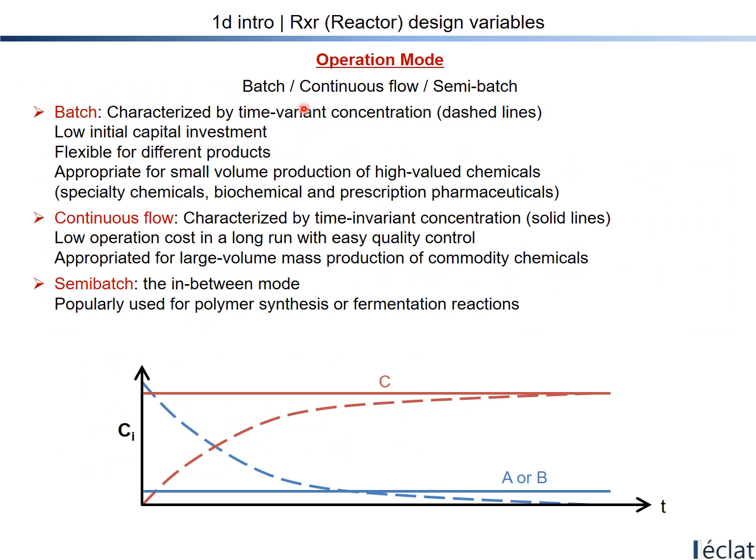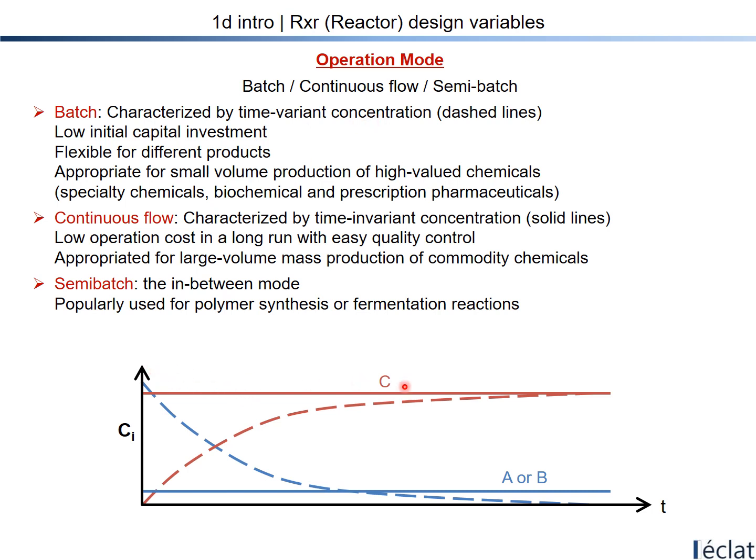We are still on reactor design variables, and the operational mode could be a reactor design variable, which is sometimes batch, sometimes continuous flow, sometimes semi-batch mode. Batch mode is characterized by time-variant concentration.